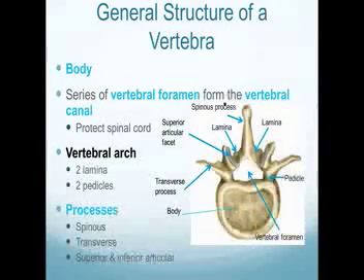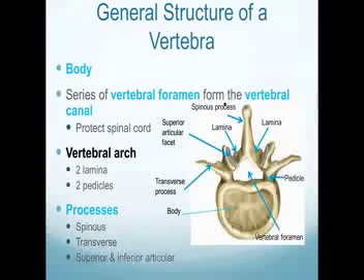There is, quote-unquote, a hole that runs down through the vertebral column, and this hole is called the vertebral foramen. The vertebral foramen is an individual hole found in one vertebra, but when you link all of the vertebrae together, this sets up something called the vertebral canal.